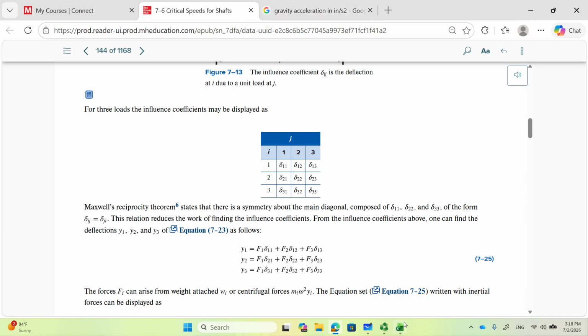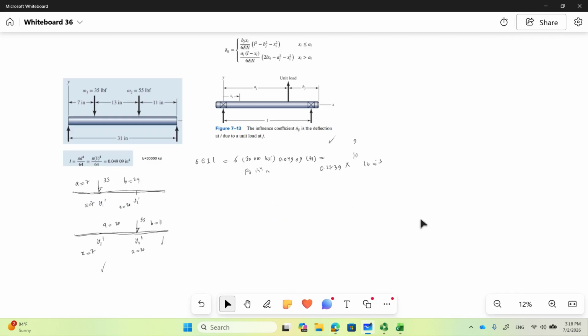So if you have two loads, two W's or two omegas and then two Y's, you have to form this matrix, IJ, 1 and 2, and then 1 and 2.